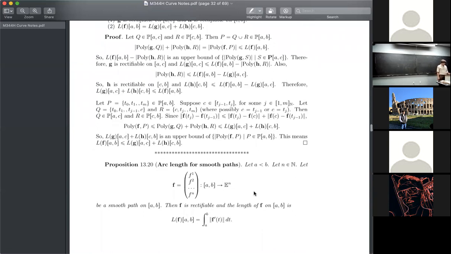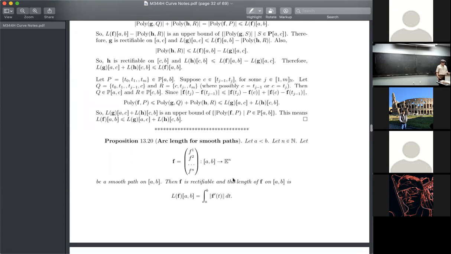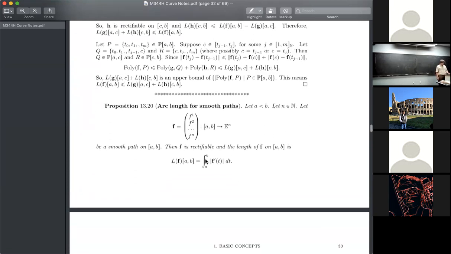So if we have a smooth path, it has more properties, then it's rectifiable, meaning you don't have to go through all the stuff we did in the last 2 pages. It will be. I have a theorem about that. And the length is the integral of the norm of the derivative of the function.